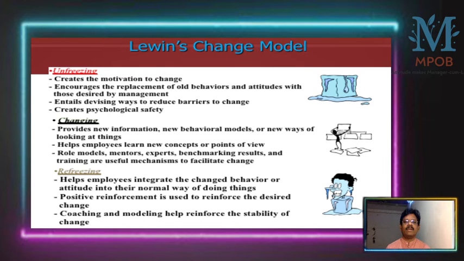In this level, provide new information, new behavioral models, and new ways of looking at things, and help the employees learn new concepts and points of view, with role models, mentor experts, benchmarking the results, training and useful mechanisms to facilitate the change.